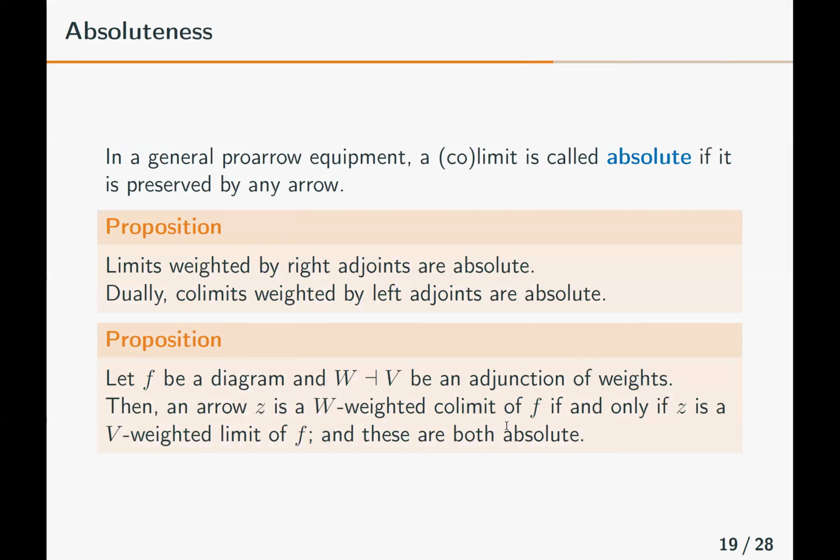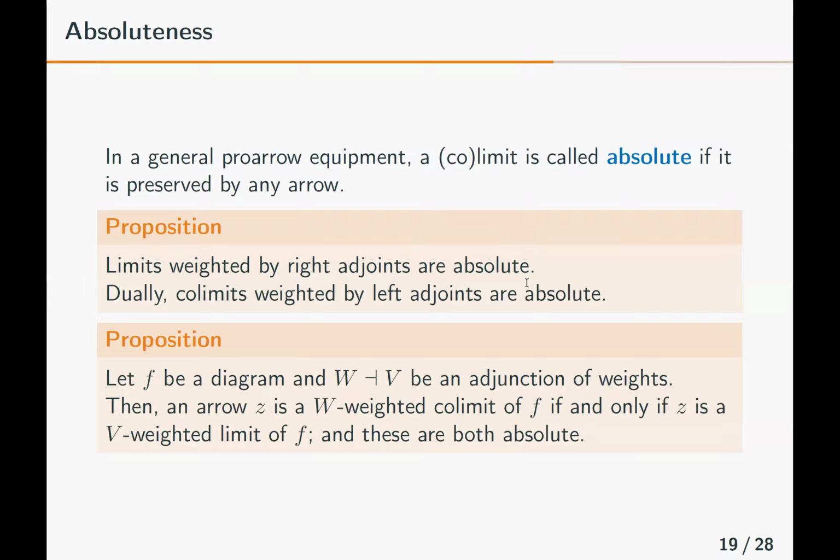Next, let me discuss absoluteness. In a general pro-arrow equipment, a limit or colimit is called absolute if it is preserved by any functor. By formal arguments, one can show that limits weighted by right adjoints are absolute.